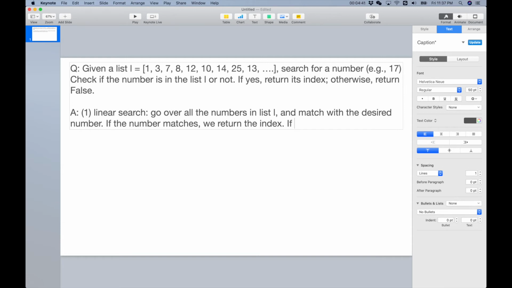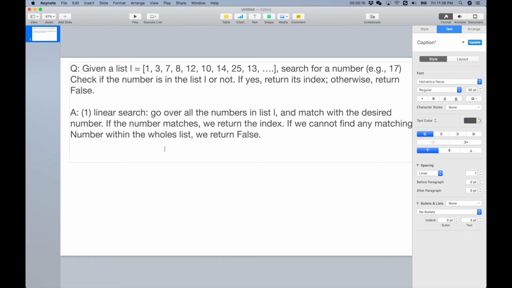If we cannot find any matching number within the whole list, in other words, we go over all the numbers of the list and cannot find a match, then we return false.